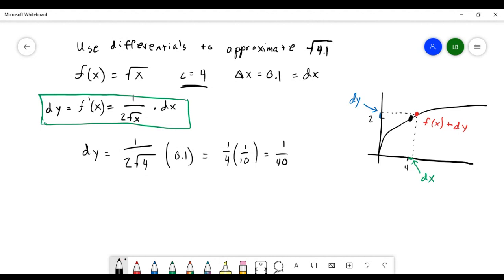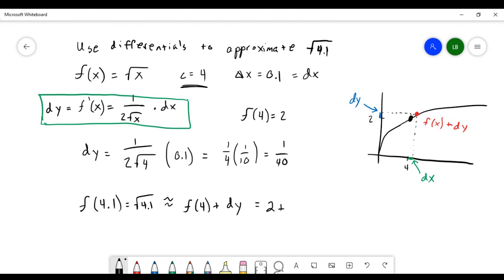So we know that f of 4 is equal to 2. So then we can say that f of 4.1, or the square root of 4.1, is going to be very close to 4 plus our change in y.